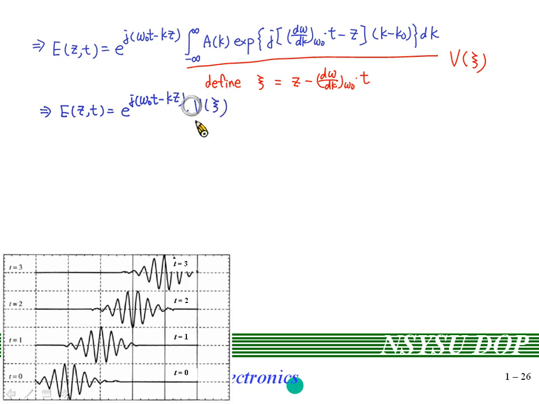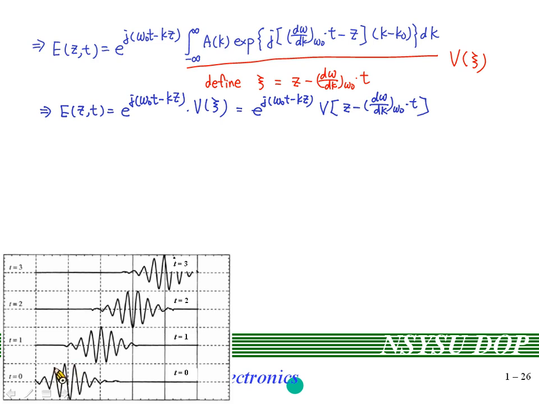And let us write the V function in a detailed way. Okay, how to find the velocity of the pulse?